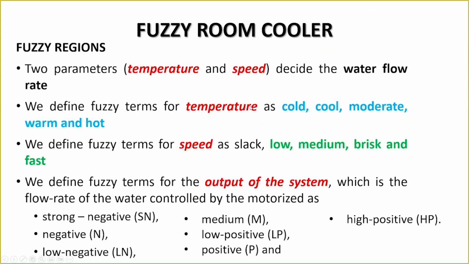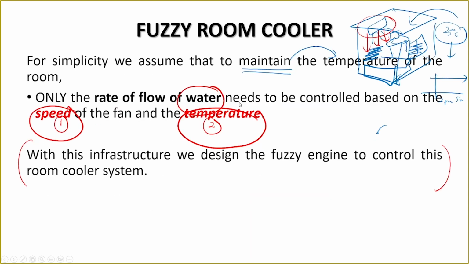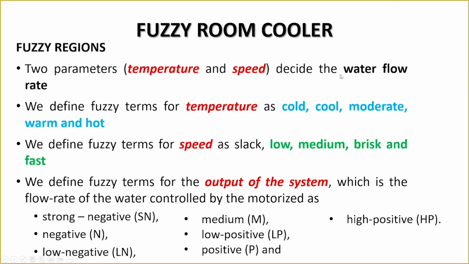What we have is two parameters involved, which we discussed just now and which I put in red font color: speed and temperature. Temperature and speed decide the water flow.